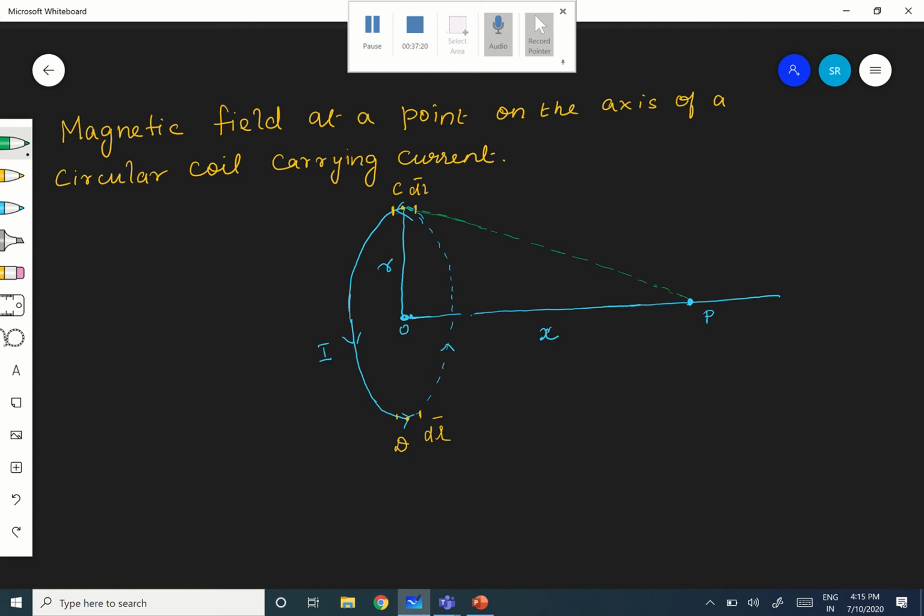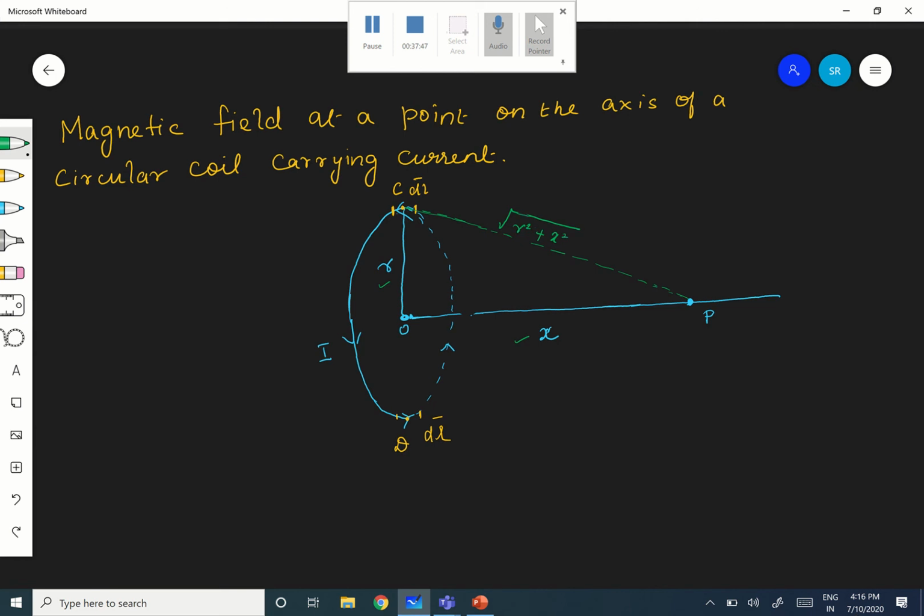So this is the distance, this is the position vector. The radius is R and this is X. What is the distance of P from I dL at C? It is root of R squared plus X squared.